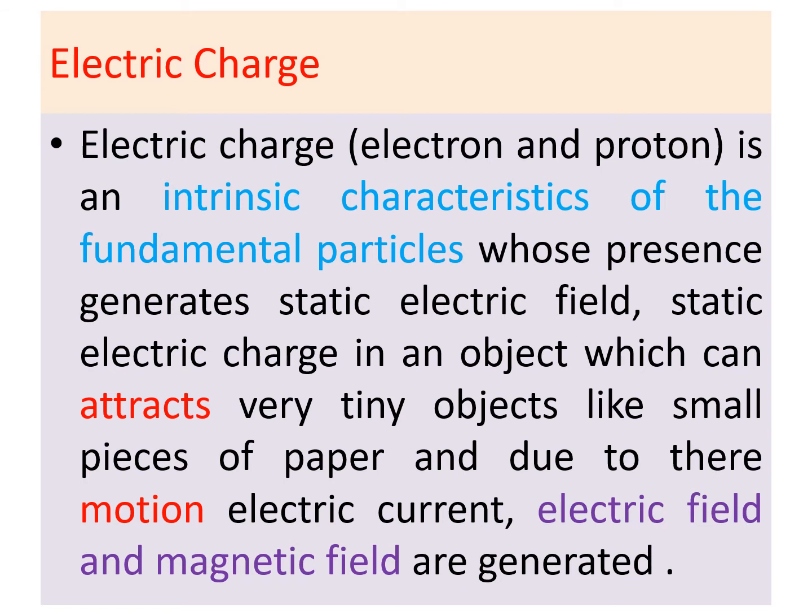The definition of electric charge. What is the definition of electric charge? It is an intrinsic characteristic of fundamental particles, whose presence generates a static electric field and static electric charge in an object, which can attract very tiny objects like a small piece of paper, and due to their motion, electric current, electric field and magnetic field are generated.